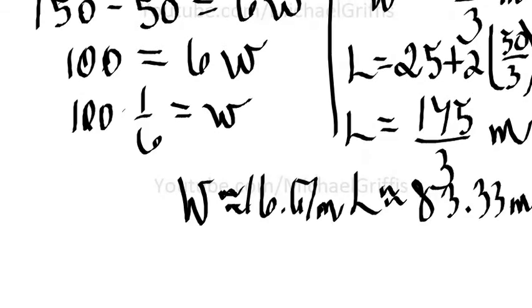Yeah, I don't know why I wrote that, but this should have been 5 here. 58.33, and for some reason, that's the reason you should go back and check your work.